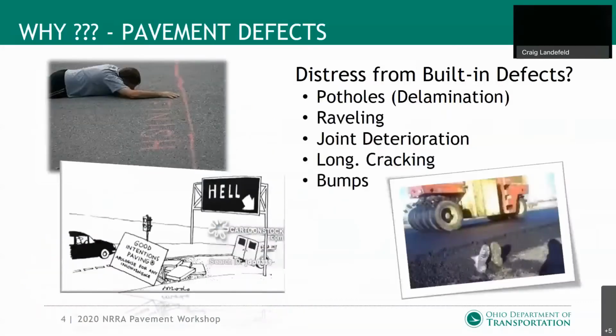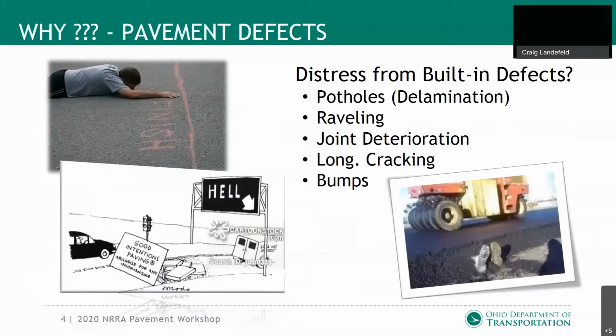So a little bit of background as to why we started looking into these technologies. We're very concerned at the Ohio DOT, obviously, about performance of our pavements. And while distress is expected in our pavements, we see a lot of distress, some of which we have listed here, that comes from built-in defects.